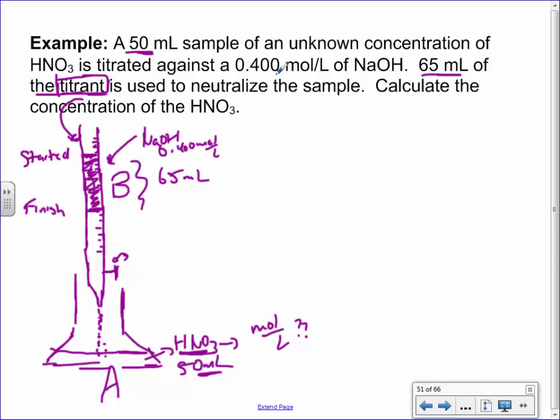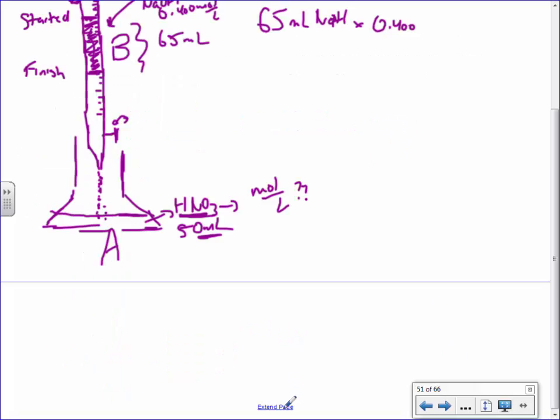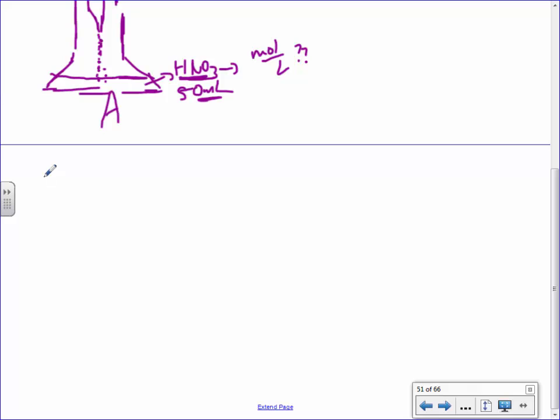Let's start with what we do know. We know that we needed 65 milliliters of sodium hydroxide. And I know that the concentration of that sodium hydroxide was 0.4. Actually, I need more room here. Hang on. Sit down here. 65 milliliters of sodium hydroxide.